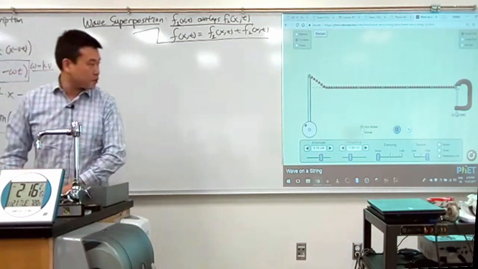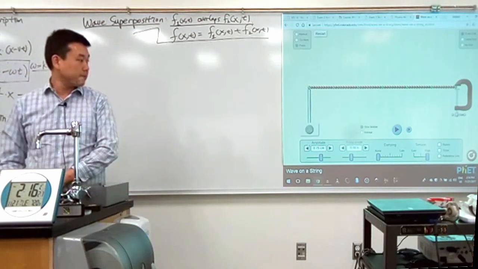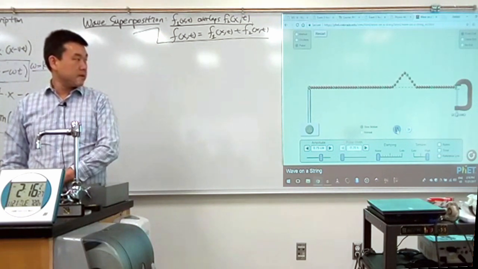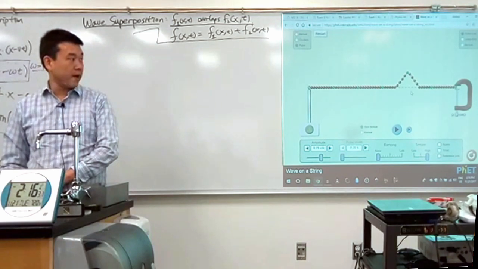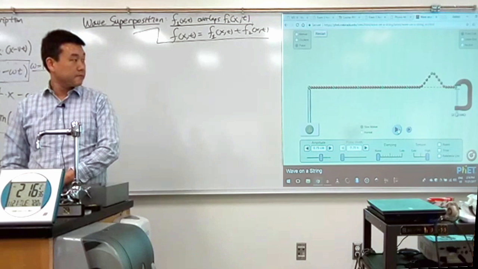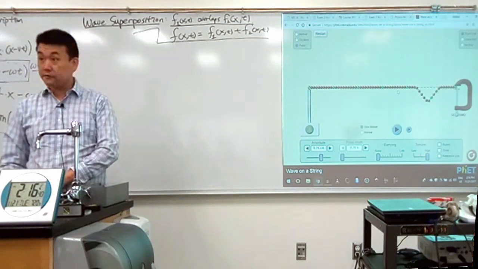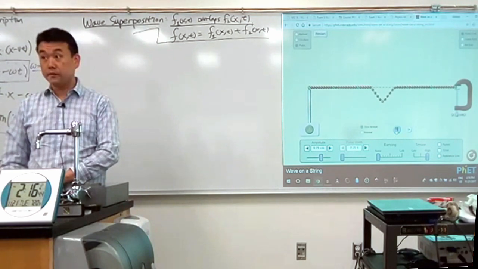Here's one way you can imagine it. Let me go back to pulse mode. I can describe a standing wave as a sum of a periodic wave traveling from left to right, as represented by this pulse, and a periodic wave traveling from right to left, as represented by this pulse.